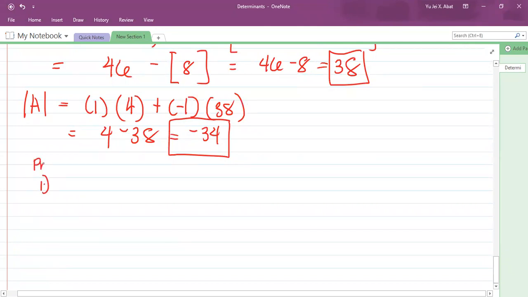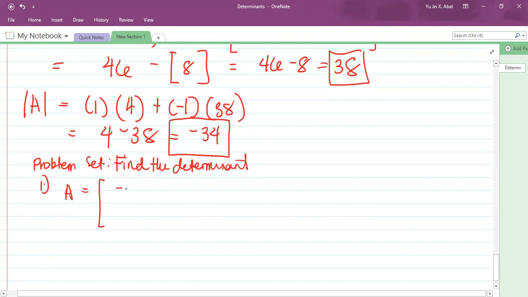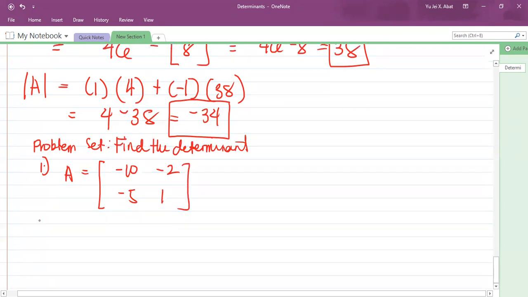So problem set tayo. Find the determinant lang naman. Okay? Yun lang. With your complete solution. So find the determinant for matrix A. We have -10, -2, -5, and 1. Okay? That's for matrix A.